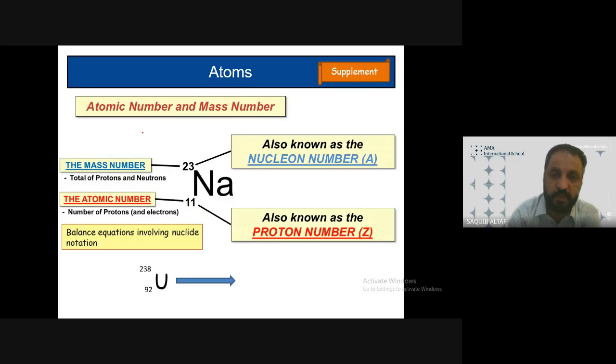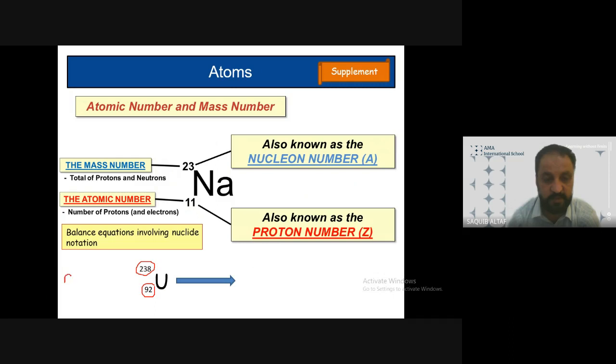Now here is a nuclear equation with uranium. When an alpha particle is emitted from uranium-238, 238 is the mass number and 92 is the atomic number. To find the neutrons in uranium, you write 238 minus 92, which is 146.